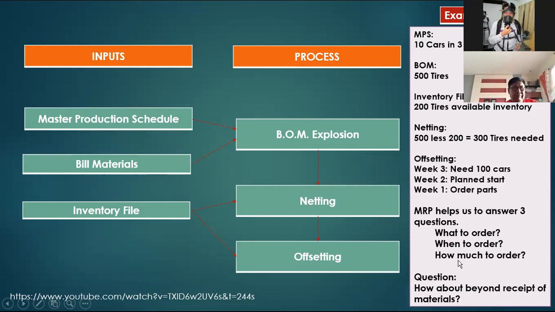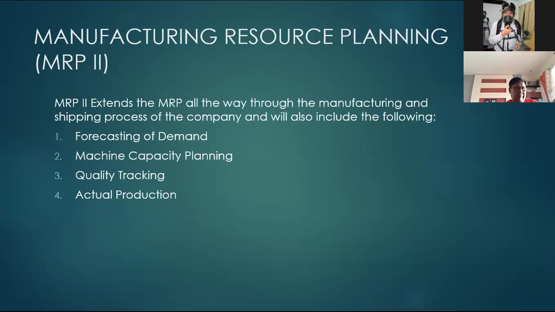But how about beyond the receipt of the material? We will need to use MRP2 or the manufacturing resource planning. MRP2 extends MRP1, or MRP for short, all the way through the manufacturing and shipping processes of the company and will also include the following: forecasting of demand, machine capacity planning, quality tracking, and actual production.